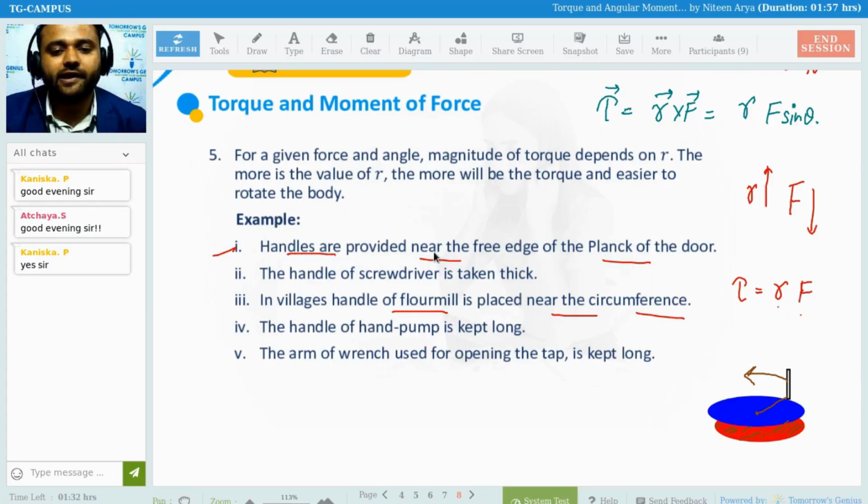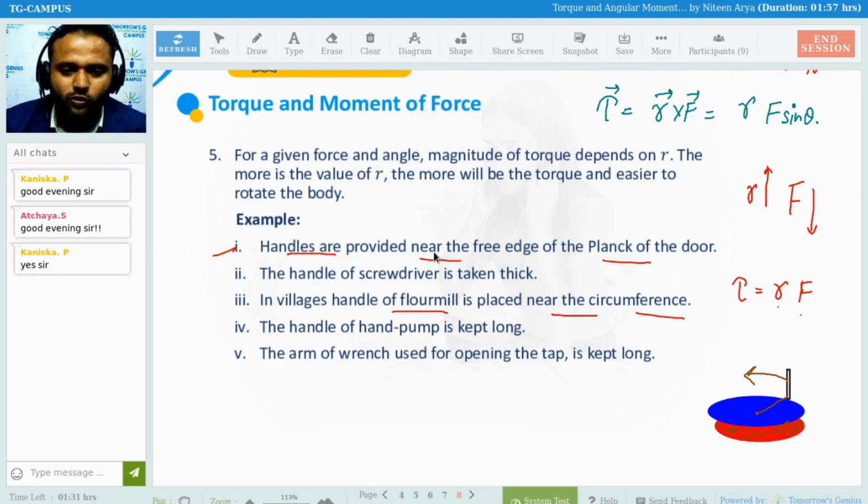The handle of a hand pump, which I think everyone knows, is kept long. Why so? To make the torque easily, and you can feel it if you hold the handle of a hand pump very near to the rotatory part. Then you need to apply a lot of force. So again the torque and this increasing R is at work there.